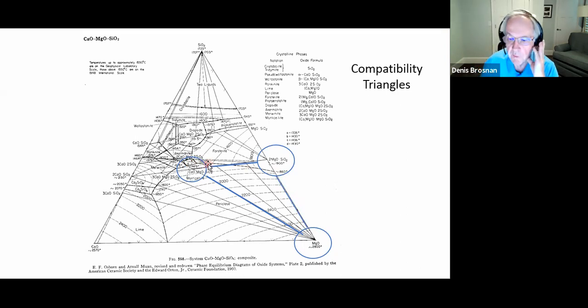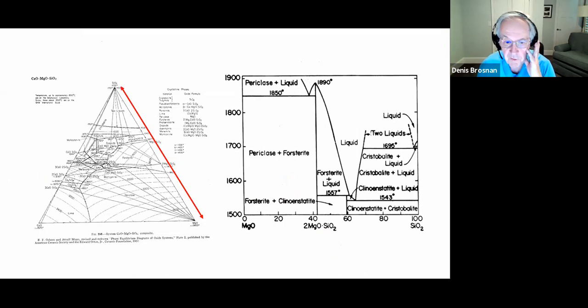Now I'm going to explain this triangle in a little bit more detail as we go along. It's not too difficult. Let's look at the phase diagram. Remember, a three-component phase diagram is composed of three individual binary phase diagrams and what happens in between. So here's the MgO silica binary phase diagram.